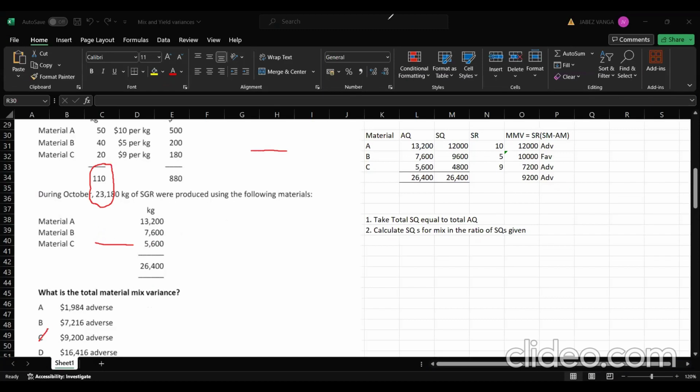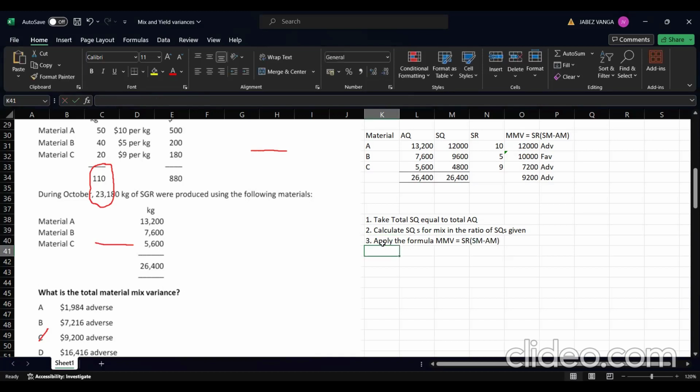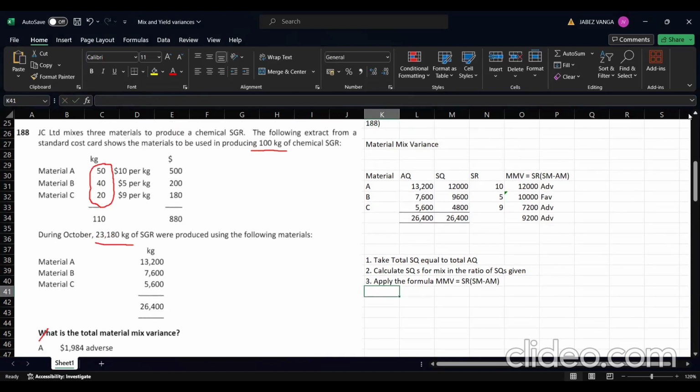So the third step is just apply the formula. What's the formula? Material mix variance is equal to standard rate into standard mix minus actual mix. If you remember these 3 steps, it's very easy to calculate material mix variance.